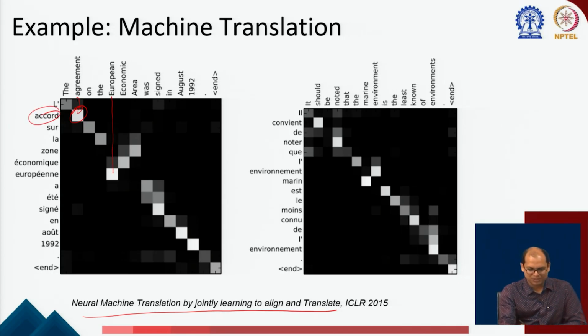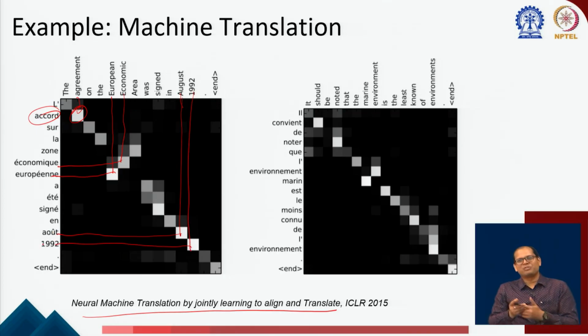Similarly, European and economic. Even if the word order was different, it was able to focus on the particular word. Similarly, August will focus on out, 1992 on itself, and so on. So, this gives you interpretability about what word in the input you actually focused on. You can see the same thing on the other sentence also, environment on this and so on.